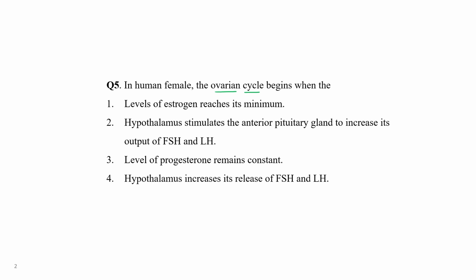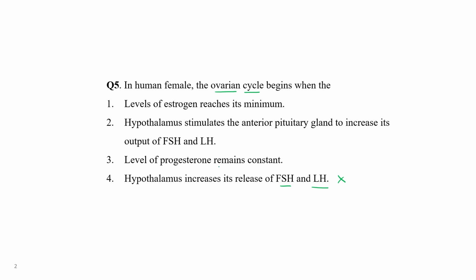So in the fourth choice, they have mentioned the hypothalamus increases its release of follicle stimulating hormone and luteinizing hormone. This one is wrong, because the hypothalamus does not release these two hormones. These two hormones are released by the anterior pituitary. The hypothalamus only releases gonadotropins.